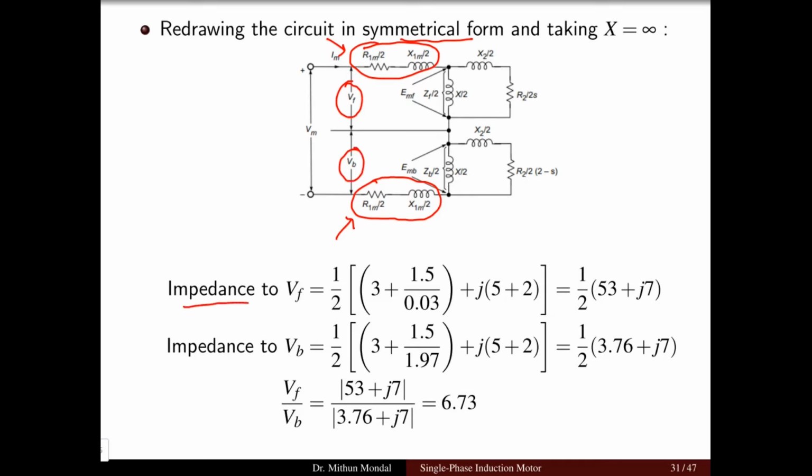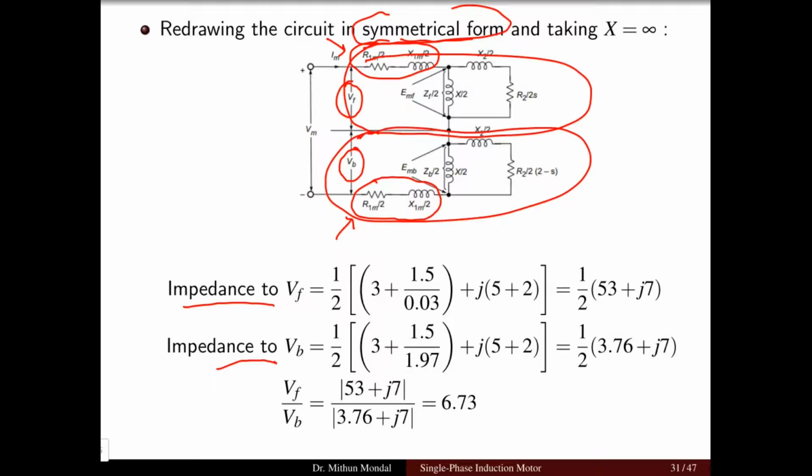So what is the impedance which is offered to the forward field and the impedance offered to the backward field? We can obtain these from these parameters, and the calculation is easier if we take the circuit in the symmetrical form. So this part of the circuit will be the forward part, and this part of the circuit will be the backward part. So you calculate the impedance offered for the forward field and the impedance for the backward field, and take the ratio. You will get the voltage ratio VF by VB.